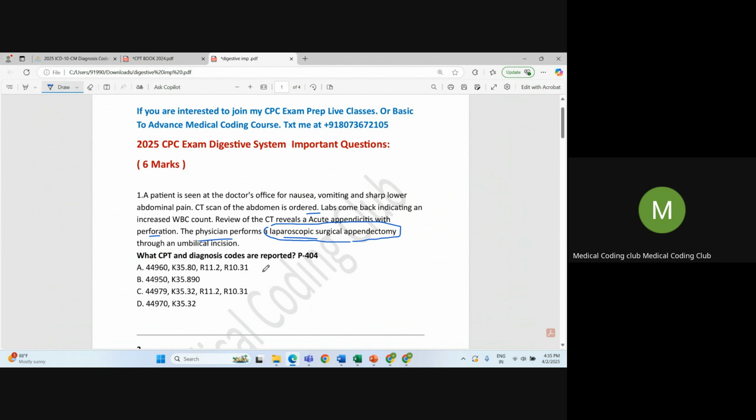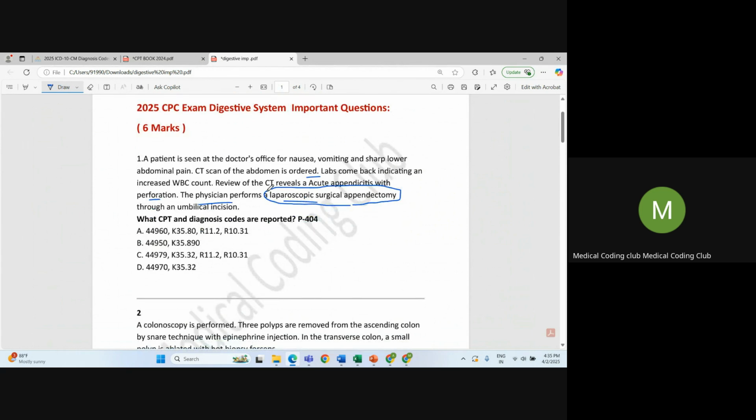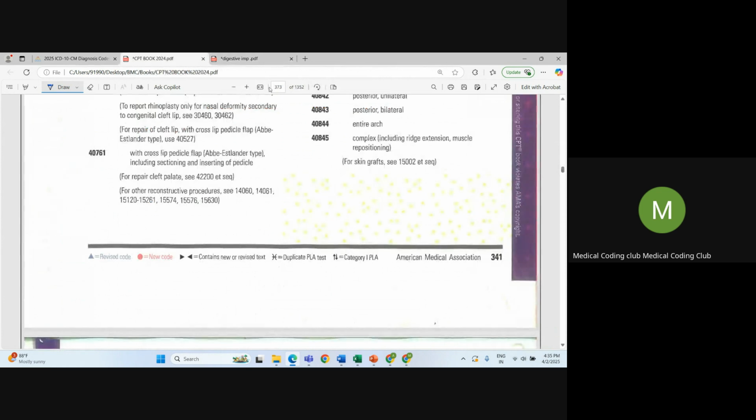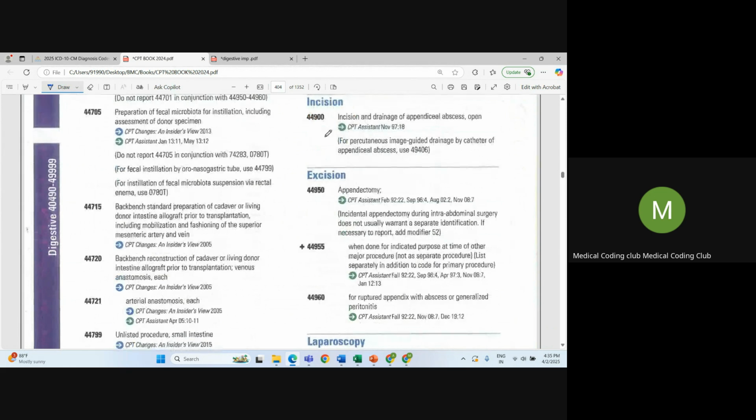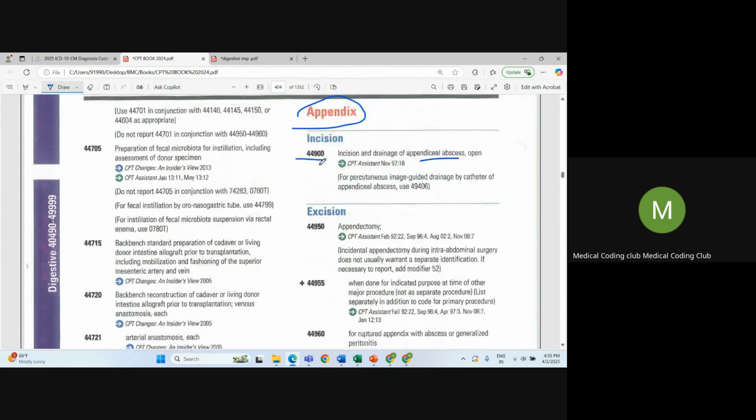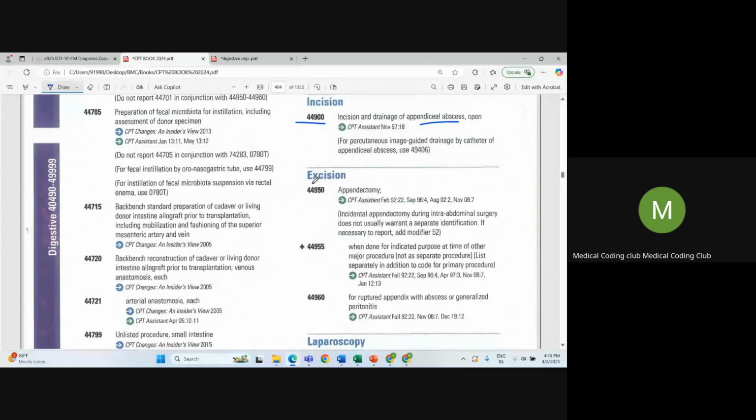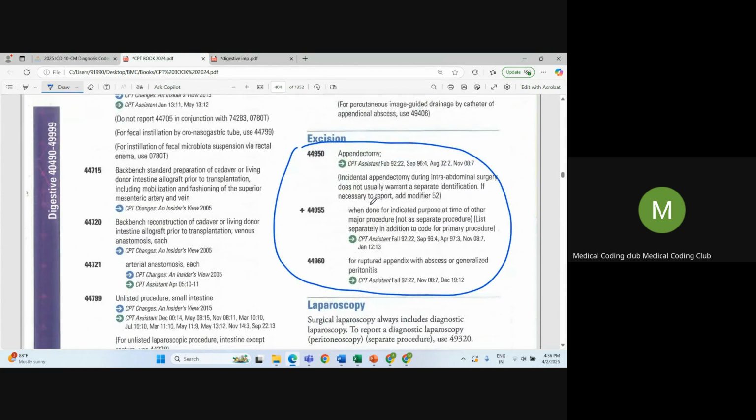So for this question, the answer is, as I mentioned, laparoscopic surgical appendectomy. Appendix: incision and drainage of appendiceal abscess, 44900. Next, excision. These three are for excision, other than laparoscopy method.